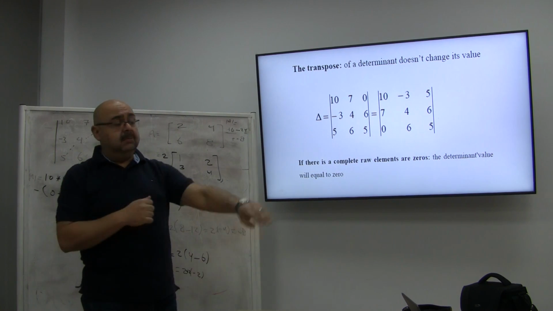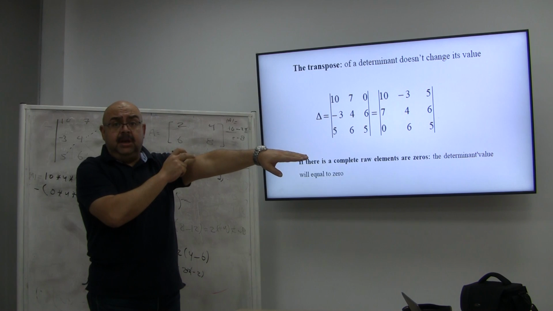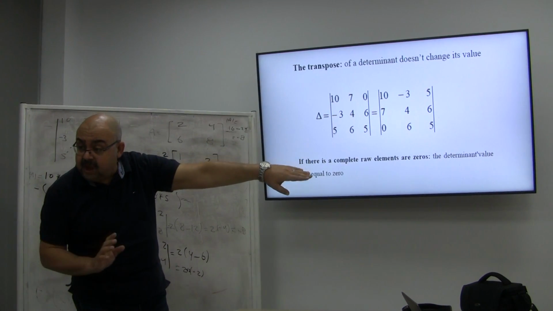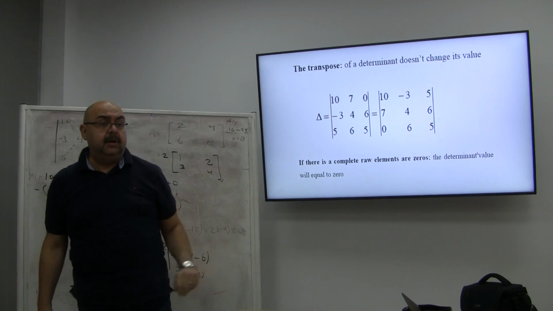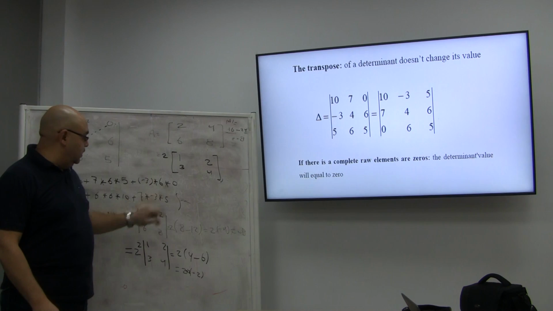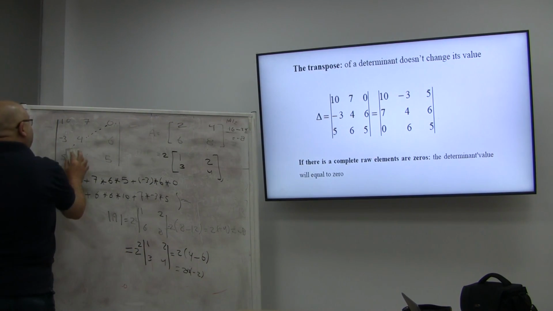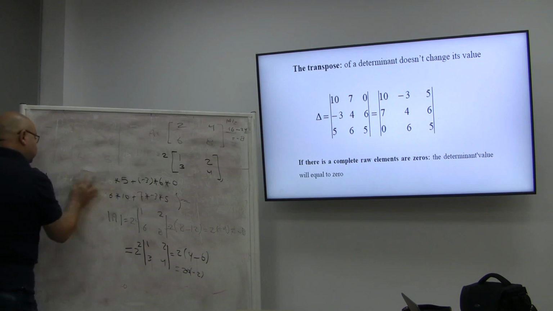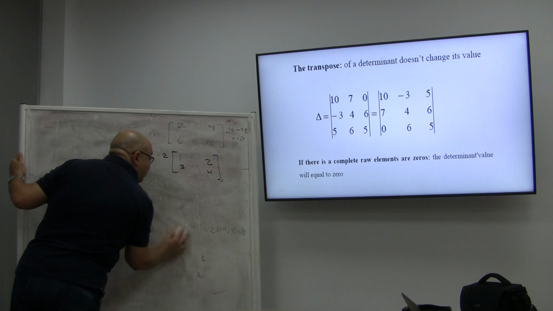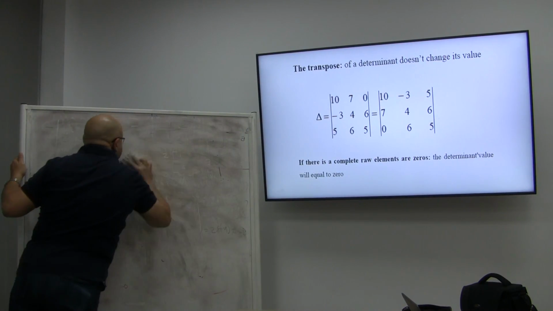In matrices, multiplying a row by a number and then adding it to another row gives an equivalent matrix. In determinants it is the same way: if I take a determinant, multiply the first row by a number and add it to the second row, the result will be the same.